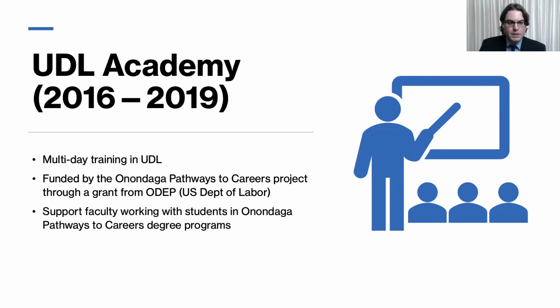So I worked with William and Nancy, and they wanted to support faculty who were working with students in Onondaga Pathways to Careers degree programs. And so they believed that if we offered a multi-day training in universal design for learning, this could be beneficial to the faculty who were working in those degrees. And then as time went on, we decided as well to offer this to other faculty members throughout Onondaga Community College.